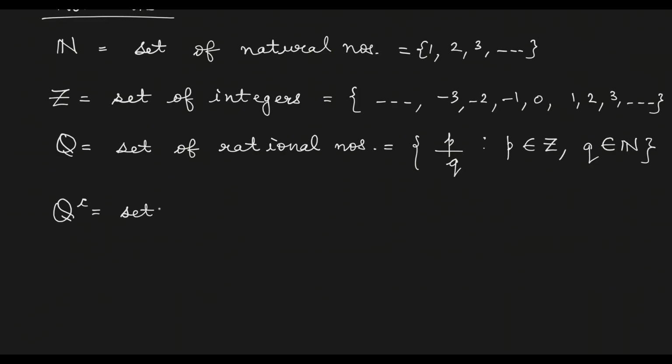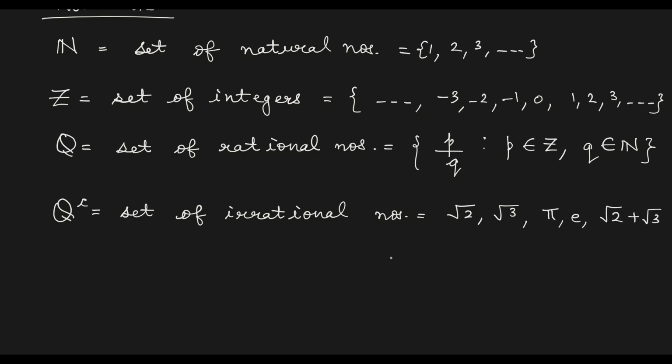The set of irrational numbers: root 2, root 3, pi, e, root 2 plus root 3 and so on. Real numbers is basically the union of rational numbers and irrational numbers.